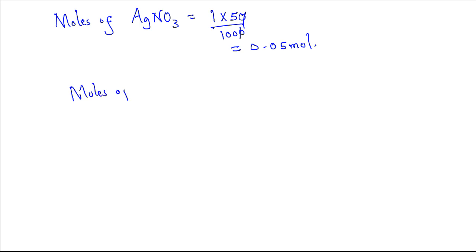Moles of sodium chloride is the same as 1 times 50 over 1000, and that again gives 0.05 moles, meaning they have equal moles.